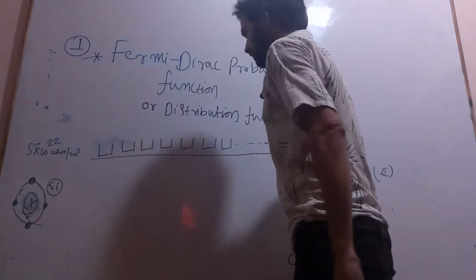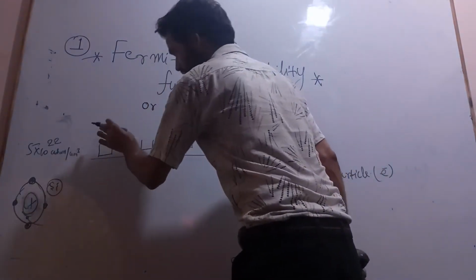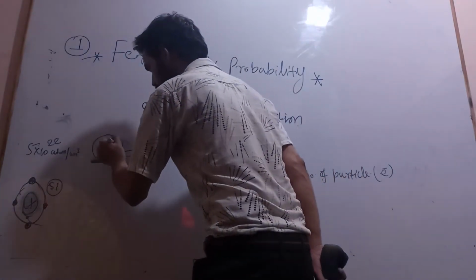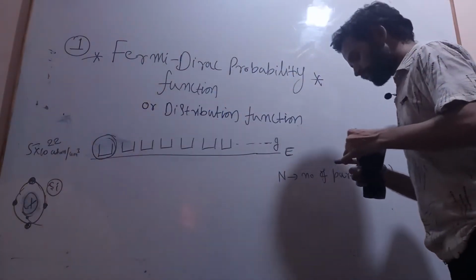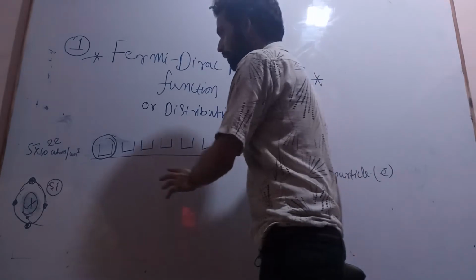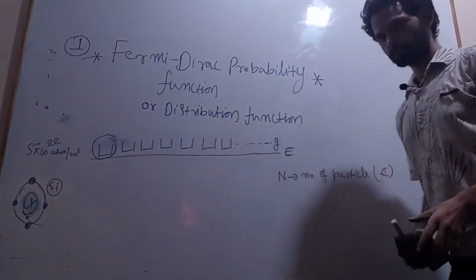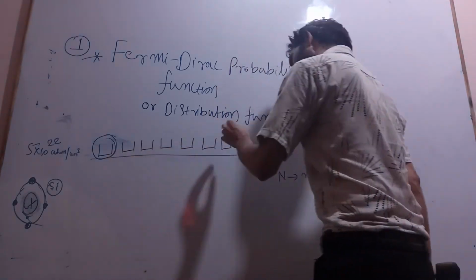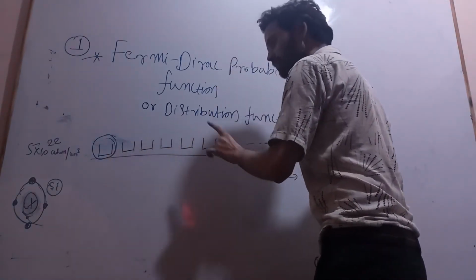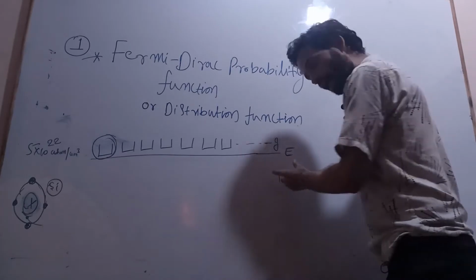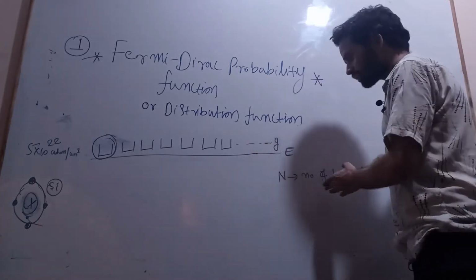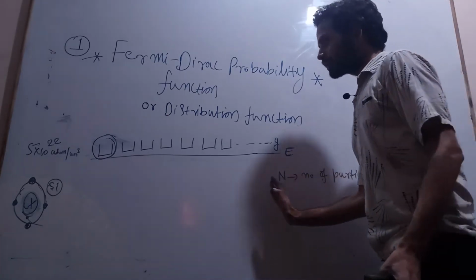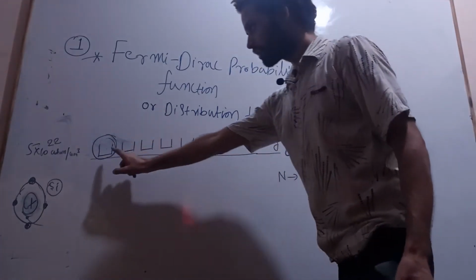Now what is the probability that this particular quantum state is filled by N particles? Actually every quantum state is occupied by a single electron, but there are N electrons, and out of these N electrons, one electron will occupy this quantum state.